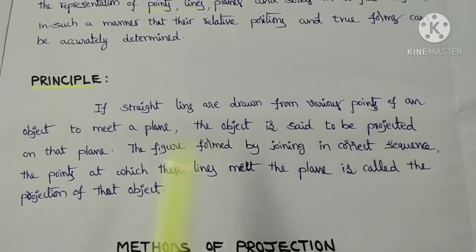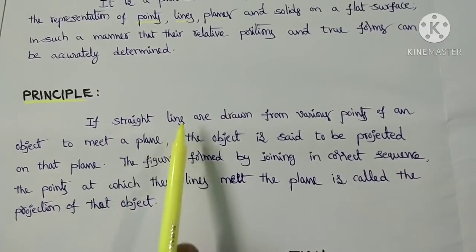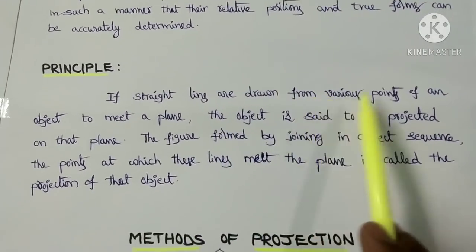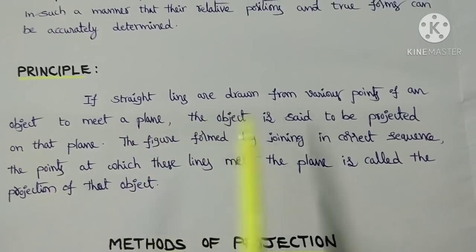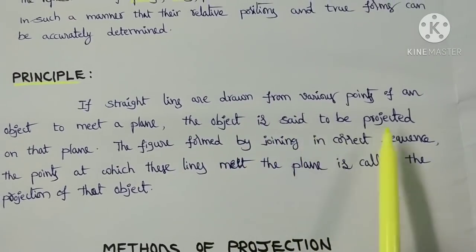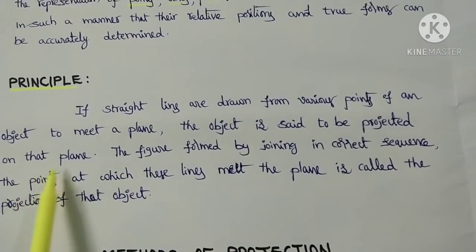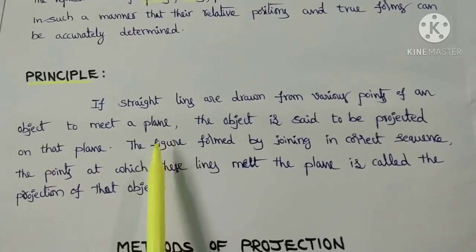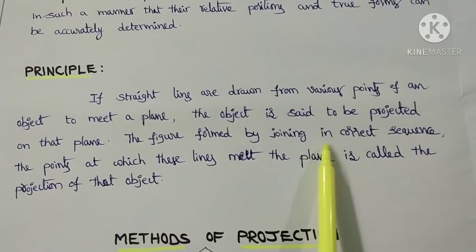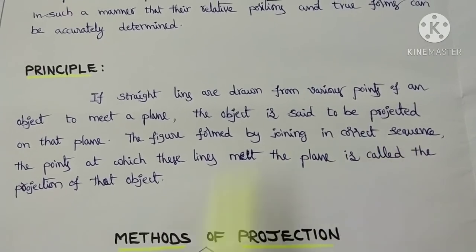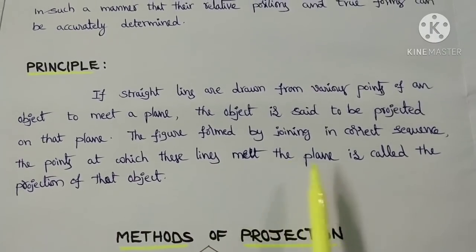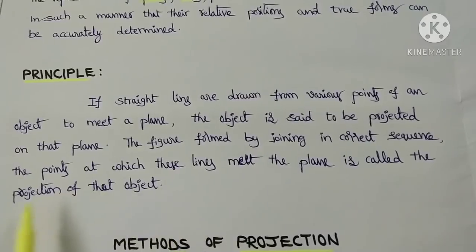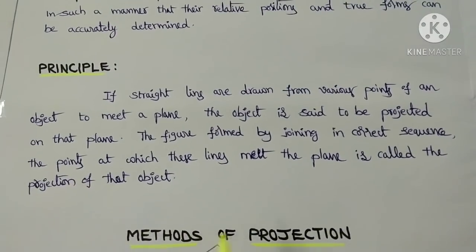If straight lines are drawn from various points of an object to meet a plane, the object is said to be projected on that particular plane. The figure formed by joining, in correct sequence, the points at which these lines meet the plane is called the projection of that object.